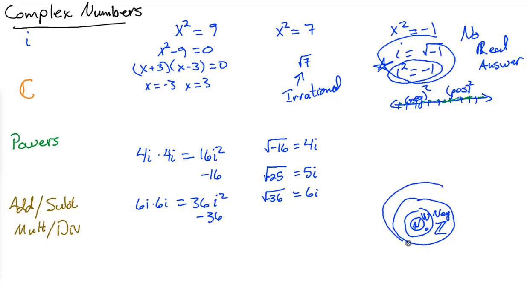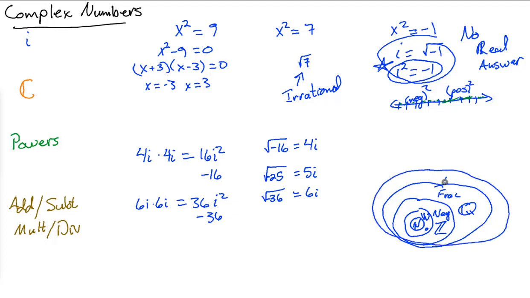And then we added all of the fractions. So all the fractions and everything together became known as the rational numbers. Then we added all of the irrationals. And together the rationals and the irrationals became the real numbers. The irrationals are sitting over here, the rationals break down into those, and they nest themselves.